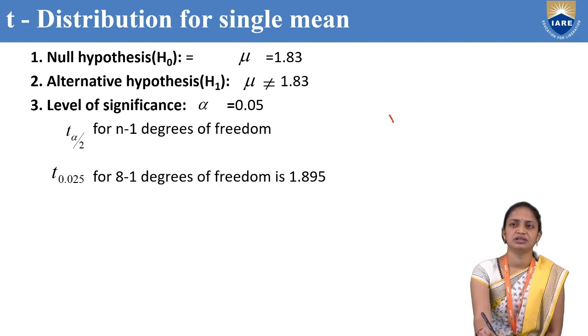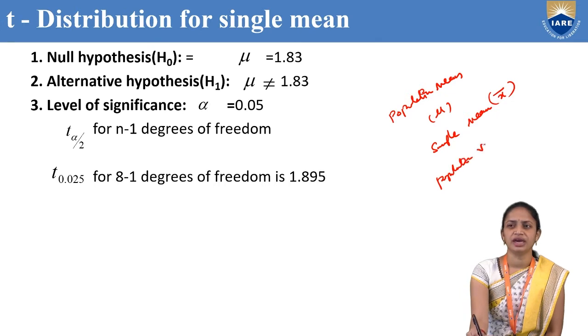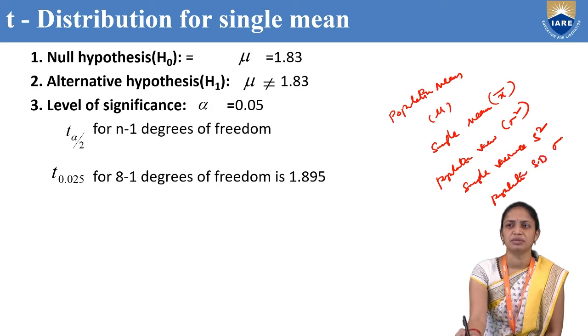Population mean is denoted with mu and the sample mean is denoted with x bar. Population variance is denoted with sigma square and the sample variance is denoted with s square. Population standard deviation is denoted with sigma, sample standard deviation is denoted with s.